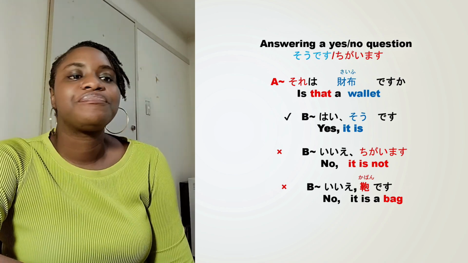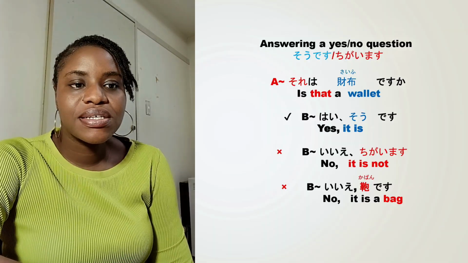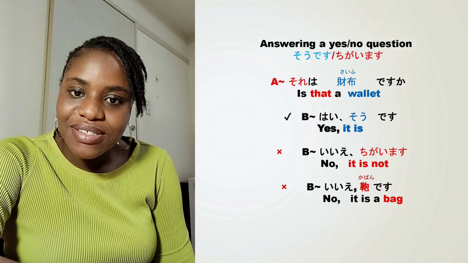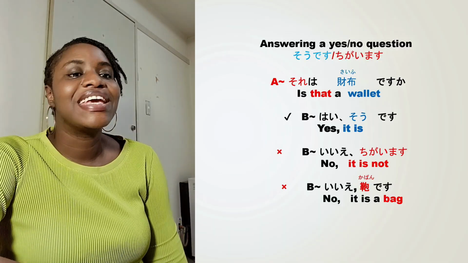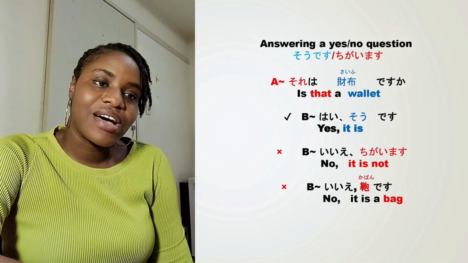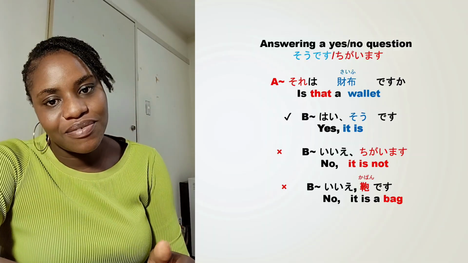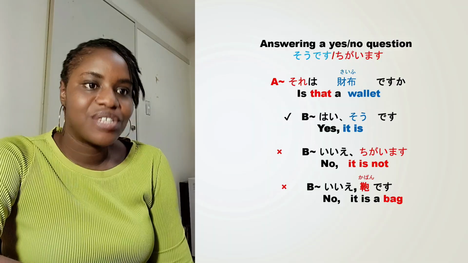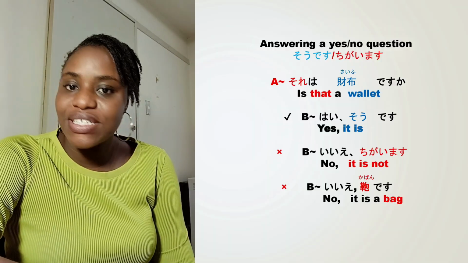Yes, it is. If it's not, the person can simply answer, いいえ、違います. No, it's not. Another way the person can answer with いいえ is to tell me what it is. So, 例えば、いいえ、カバンです.